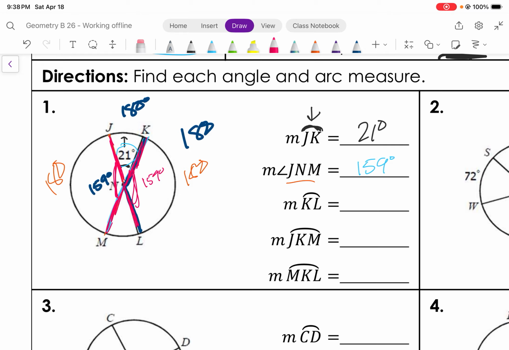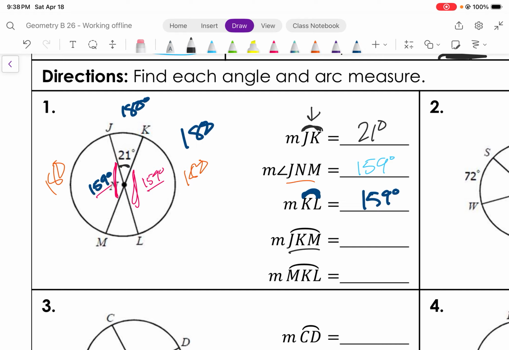And so that's a really important idea, and it saves me a little bit of time and effort. So that's 159. If that's 159, which then means that this arc measure is also 159 degrees. Okay? So again, I would recommend labeling things as you figure them out. The diameter, vertical angles, all those are really going to be important ideas.